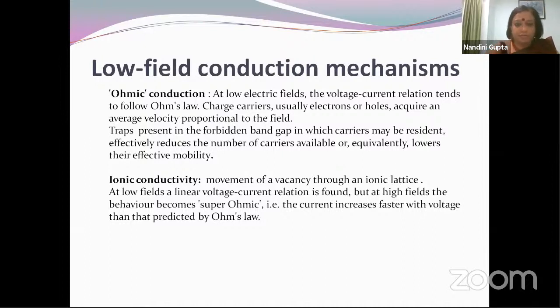Except that in dielectrics, you are not only concerned with the current flow due to electrons, but you are also concerned with the ionic conductivity, because the electron conductivity and the ionic conductivity might be comparable in dielectrics, which is not the case in conductors.